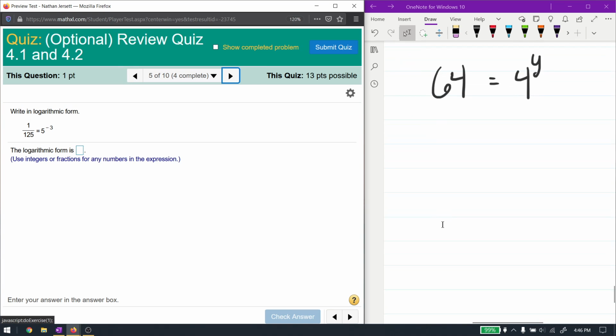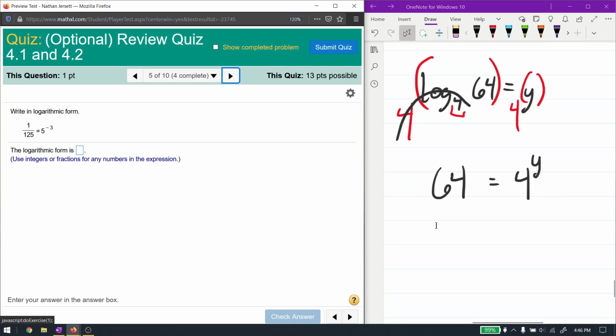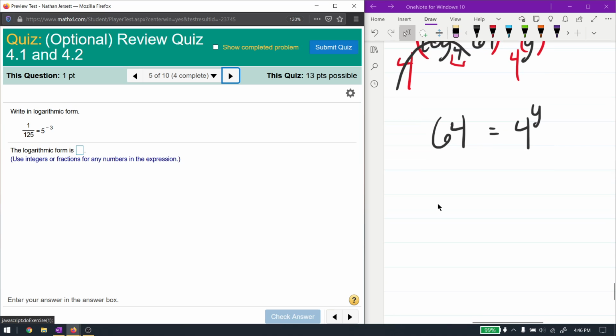Same idea, except now instead of going from logarithm to exponent, we're going from exponential to logarithmic. So we have 1 over 125 equals 5 to the negative 3. This is our exponent here, 5 to the power of negative 3. The base is 5, and that's the key thing to note here.